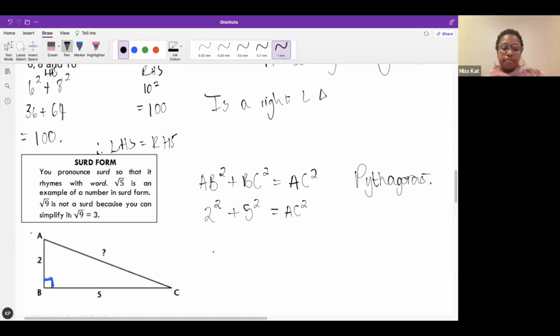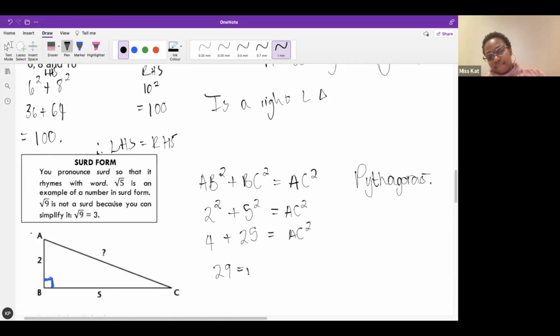Okay. 2 squared is 4, plus 5 squared is 25, equals AC squared. We're going to add 4 plus 25, which is 29.